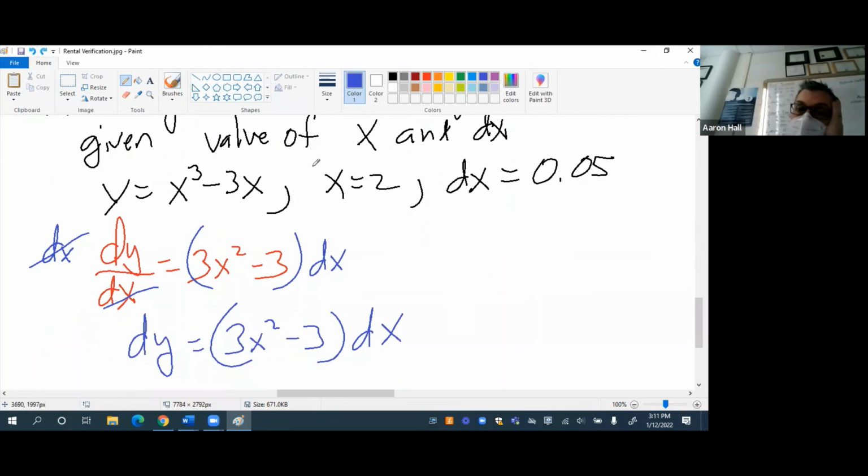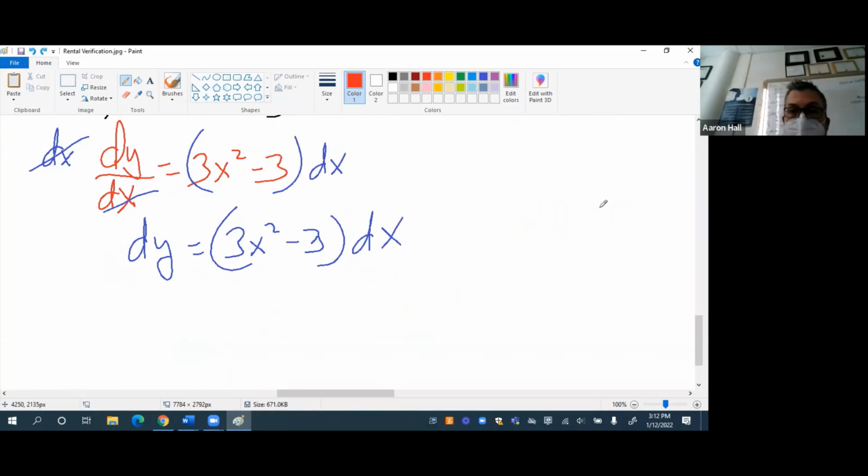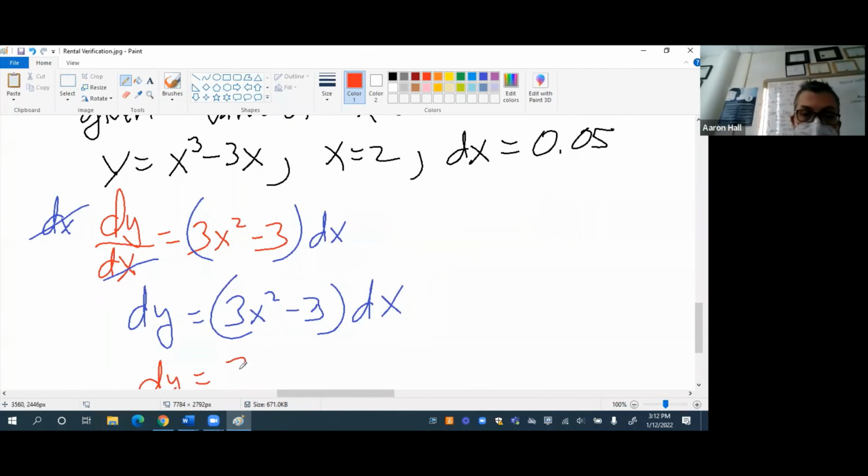The question is how? Exactly. We're going to plug in x and plug in dx. So I have dy equals 3 times 2 squared minus 3, all times 0.05.